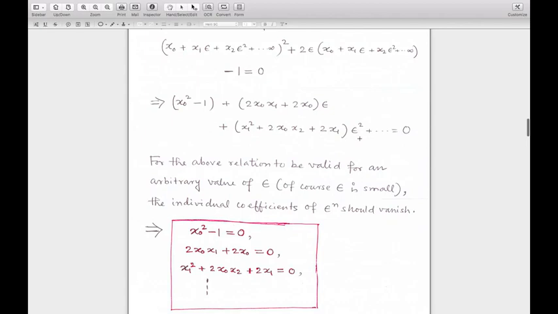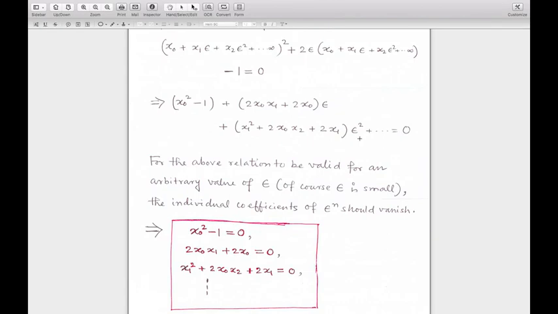When you have a polynomial equal to 0, every power of that polynomial constitutes an element of a basis. As they constitute a basis, each of them can vary independently of the other.